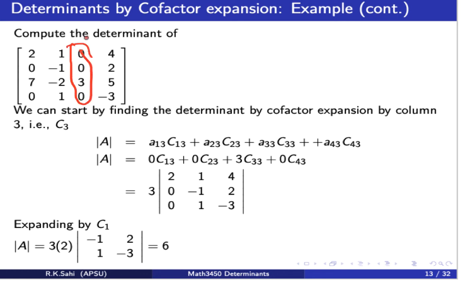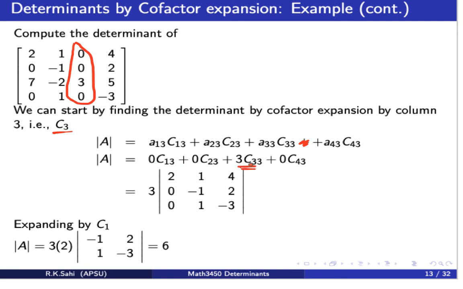So we are going to go ahead and do cofactor expansion by column 3. We have A13 C13 plus A23 C23 plus A33 C33, oh no, too many, plus A43 C43. All these are zeros, so only this one is important for us.